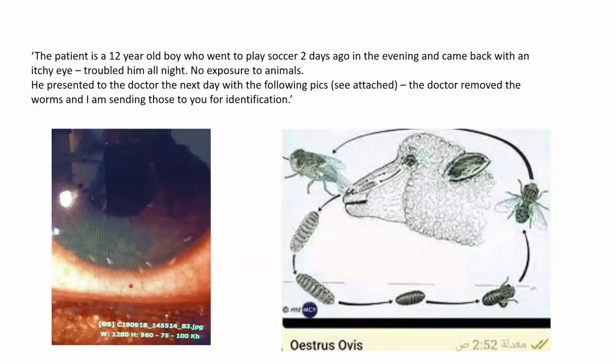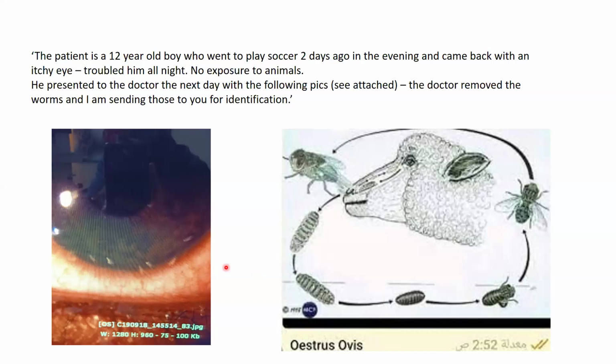So this is the photo taken by the ophthalmologist there, and they were sent to us again for identification. So these are larvae, first instar, in other words, first stage larvae of Oestrus ovis, which is a sheep botfly.